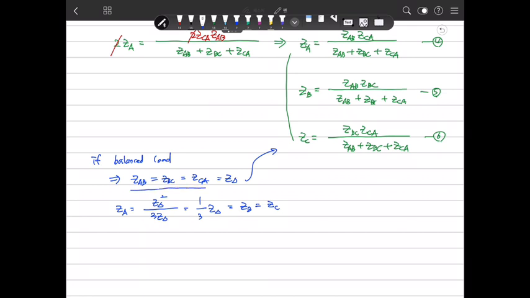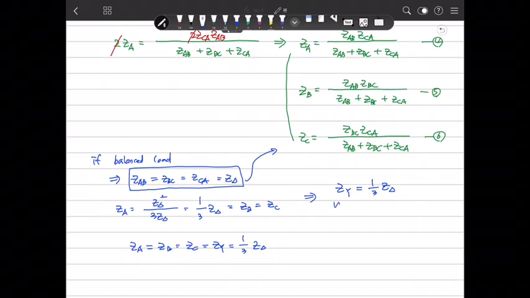So if this is a balanced load, then GA equals GB equals GC. We define this as GY. That will be 1/3 G delta. That means GY is 1/3 G delta in the case of the balanced.